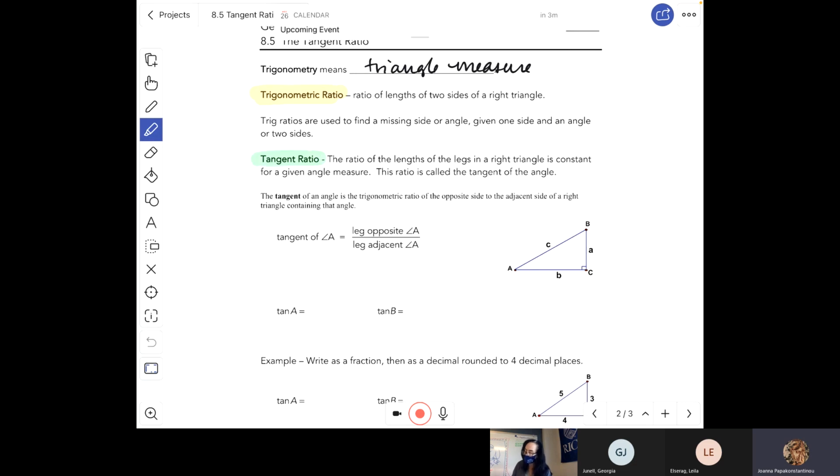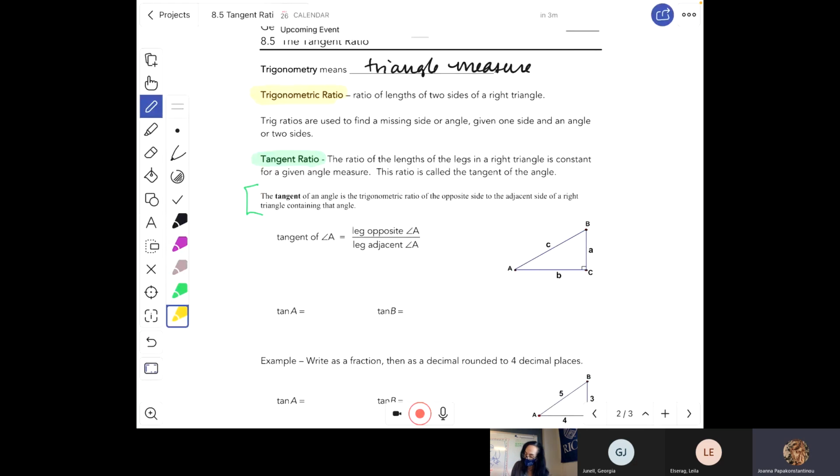The measure of an angle using the tangent of that angle is obtained by looking at the opposite leg over the adjacent leg.